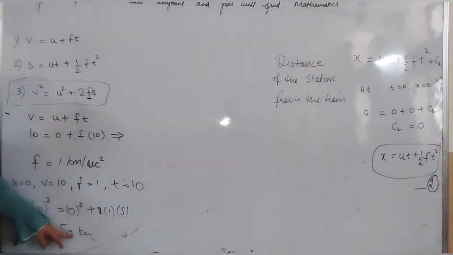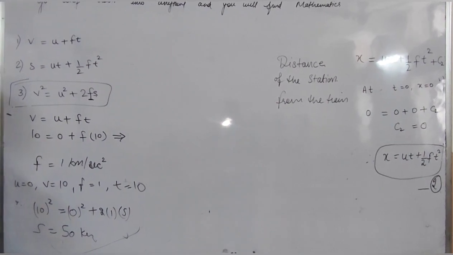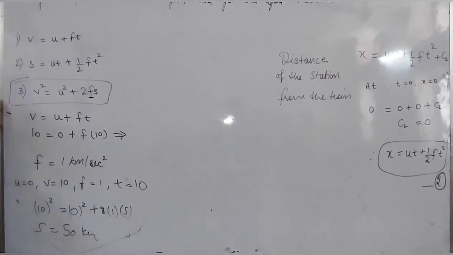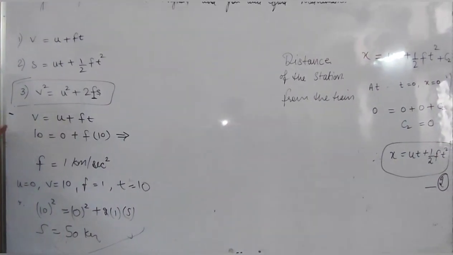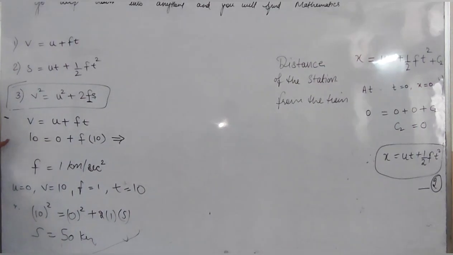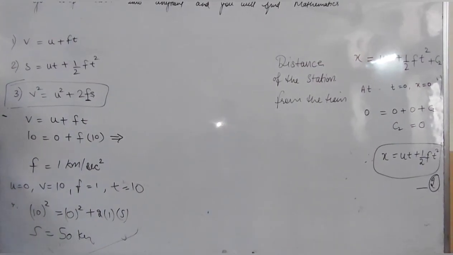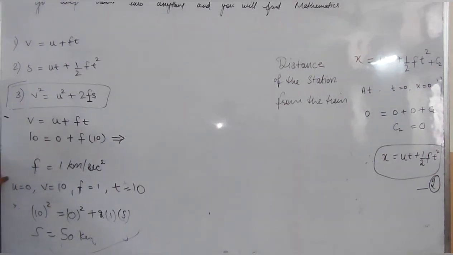The station is 50 km away from the train. So with these formulas we can also solve problems regarding velocities, or find out what time is to be taken, or at what speed we should drive our car to reach the destination. So this is all about dynamics. Thank you.